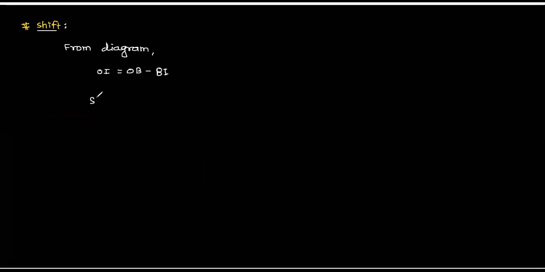So this shift is equal to real depth minus apparent depth. So whenever they ask you to find shift, you will just subtract apparent depth from real depth.